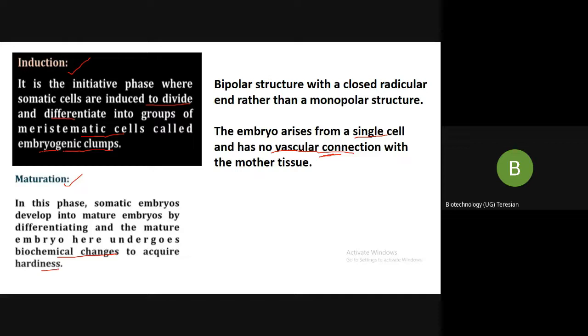Okay, maturation is certain changes which happen in the somatic embryos so that they harden themselves. How they harden themselves we shall also look at. So what is happening? The body of the embryo is preparing itself to undergo maturation. That is, biochemical changes are happening in the cells.